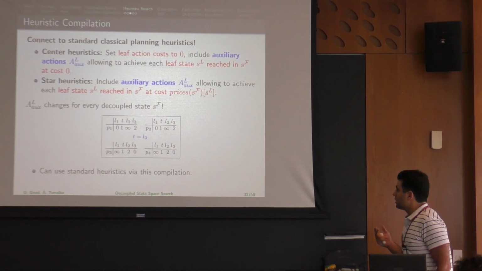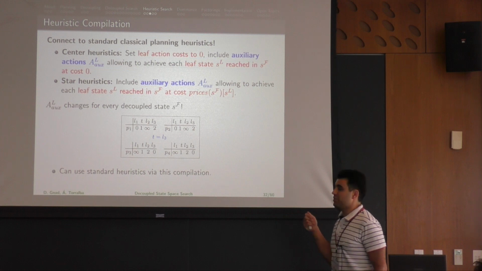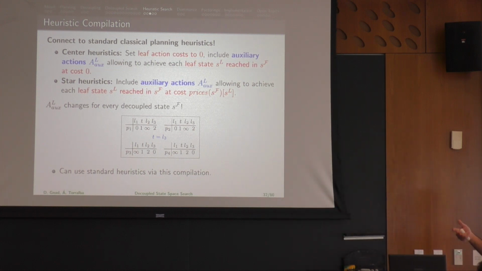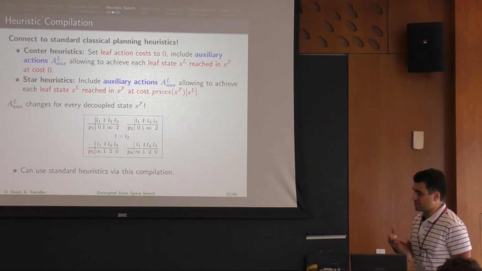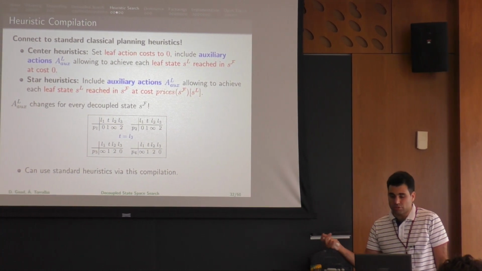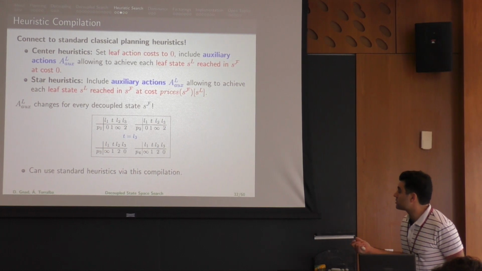Yeah, that's the basic idea. Note here that for every different decoupled state, we have different auxiliary actions, because we have one auxiliary action for every leaf state that can be reached with a finite price. So this is going to be different for each decoupled state. But in general, this is no trouble.